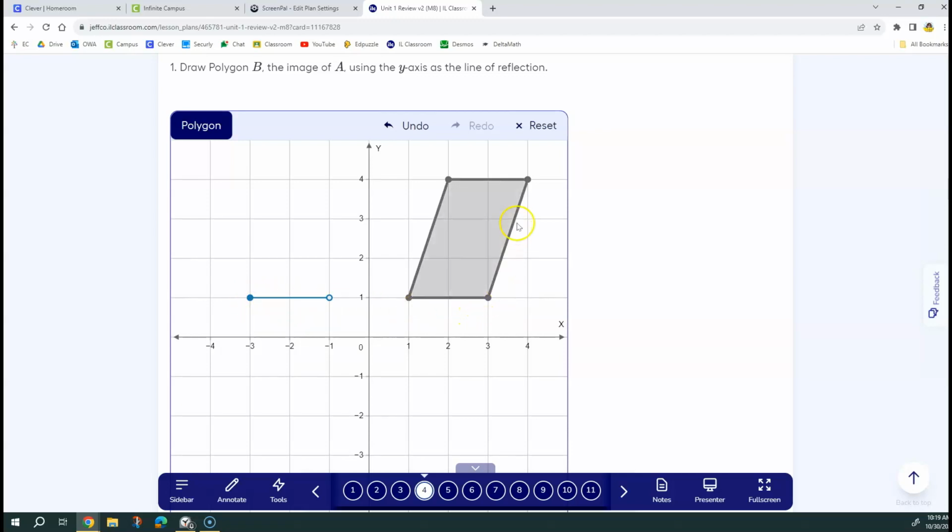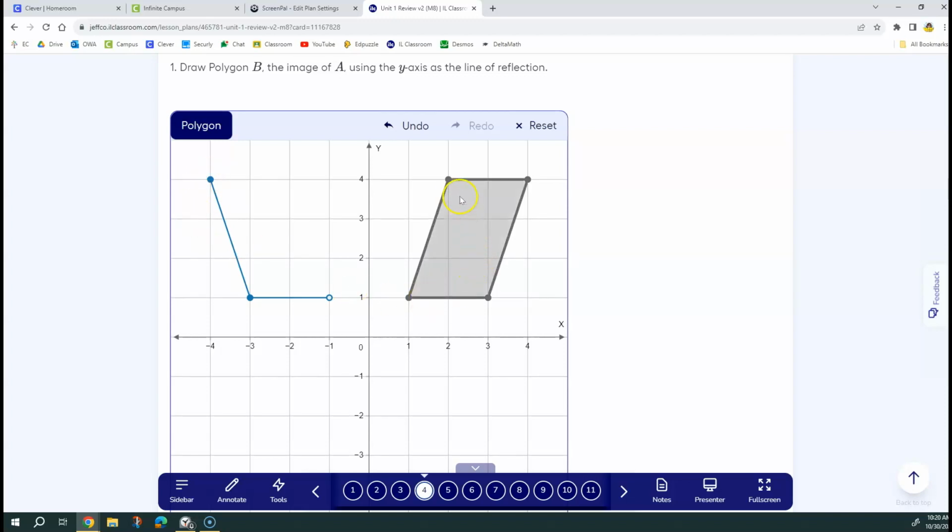The third point, I'm going to use the upper right point, this one right here. This one is 1, 2, 3, 4 steps away from my line of reflection, the y-axis. So the new reflected point is going to go 1, 2, 3, 4 steps away from my line of reflection.